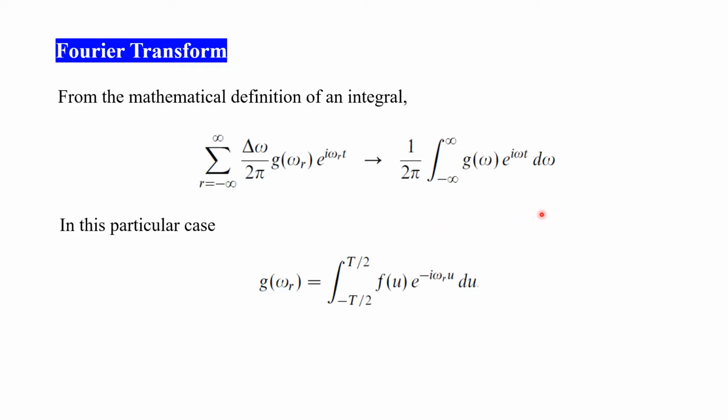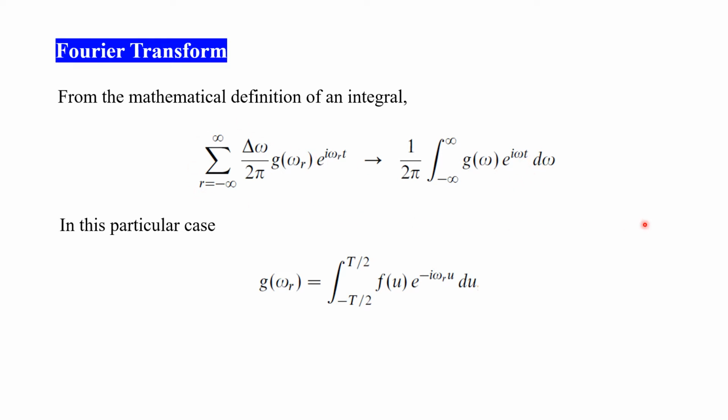From the mathematical definition of an integral, you have the sum of delta omega over 2 pi times g of omega r e^(i omega r t). This is just equal to 1 over 2 pi integral of g of omega e^(i omega t) d omega.